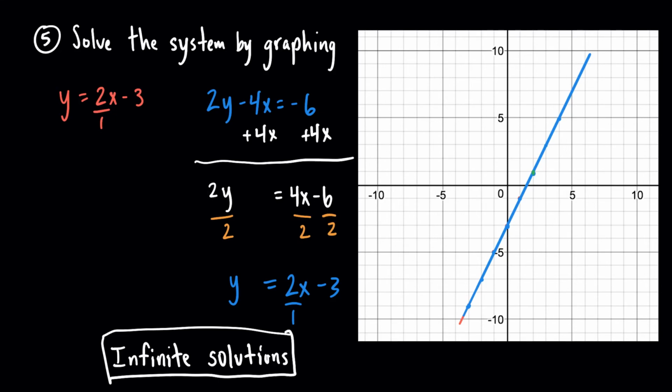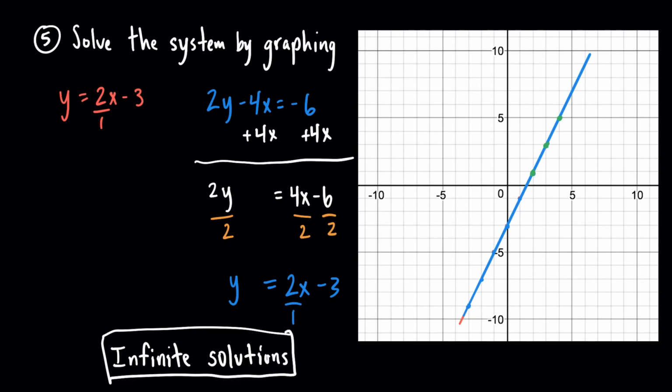If you plug in 2 for x and 1 for y, that's a solution. If you plug in 3 for x and 3 for y, that's a solution for both equations. If you plug in 4 for x and 5 for y, that would work for both equations. Typically when you work on a system of equations, you're usually going to have one solution.